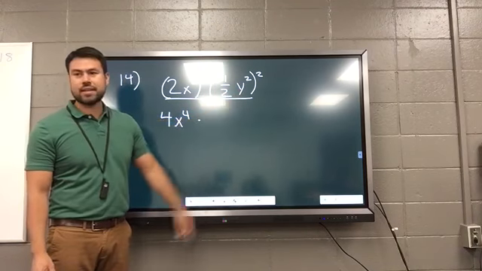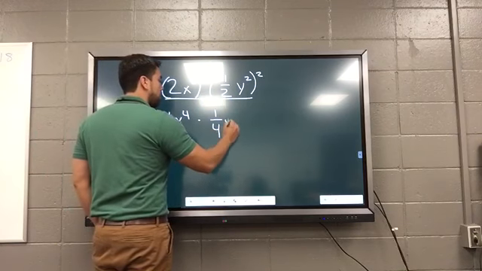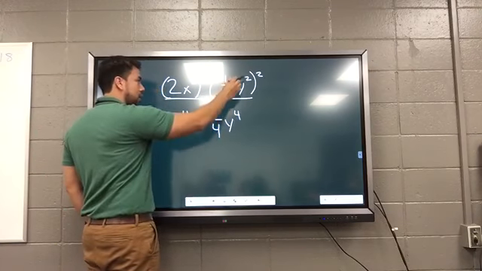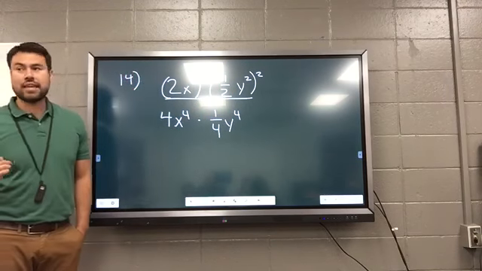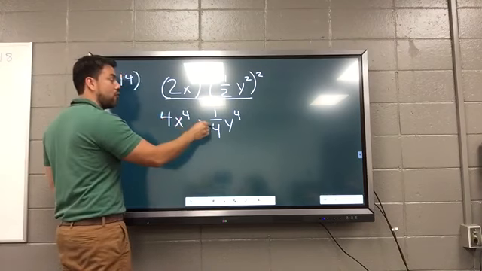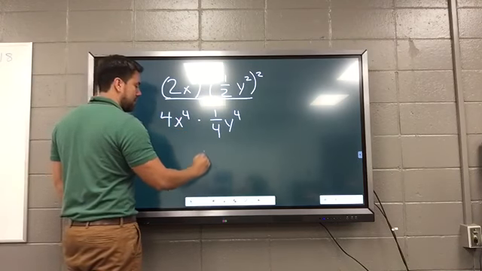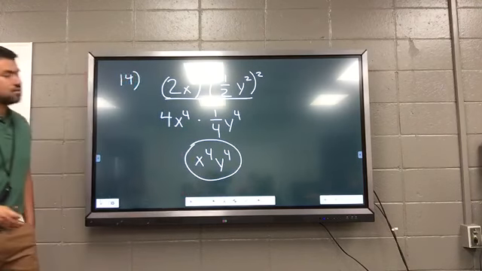Nate, what do I get with the second one? 1/4 y to the 4th. 1/4 y to the 4th. Yeah, because 1/2 squared is 1/2 times 1/2. Okay, and then is that as simple as I can get? No. So what's 4 times 1/4? 1. x to the 4th, y to the 4th. That's as simple as I can get.